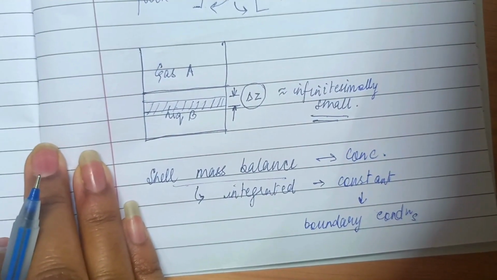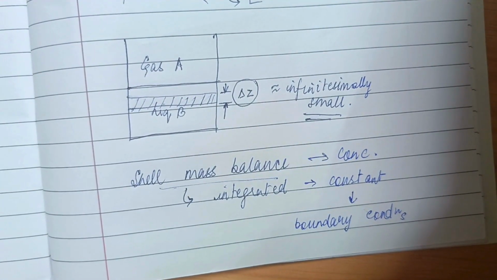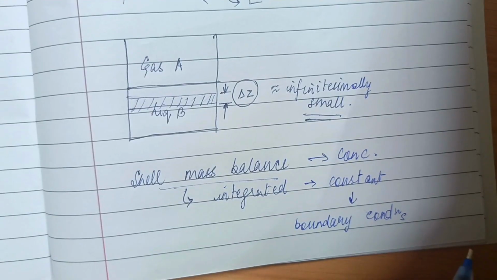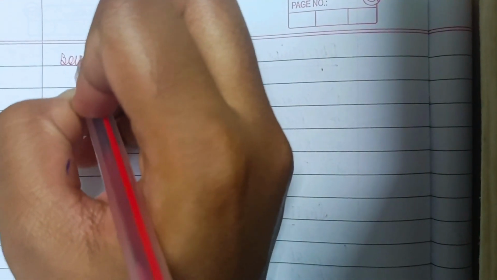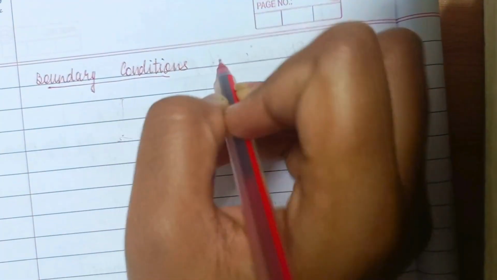After applying the boundary conditions, we will come to an answer which gives us the concentration profile of A, the average concentration of A, and the rate of consumption of A. To solve the differential equations, we will require some boundary conditions, and there are 4 boundary conditions which we can use, as mentioned in the question.